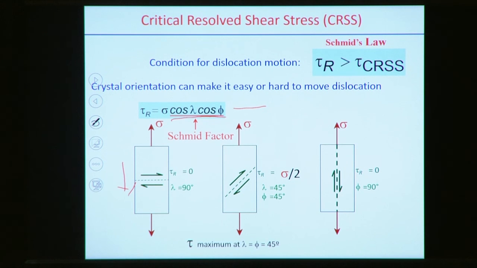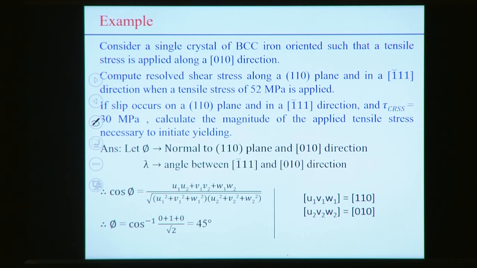So the maximum shear stress value will be when phi equals lambda equals 45 degrees. That maximum amount of stress to create the dislocation motion is called the critical resolved shear stress value. Now if we look into this one example, it will be very clear.